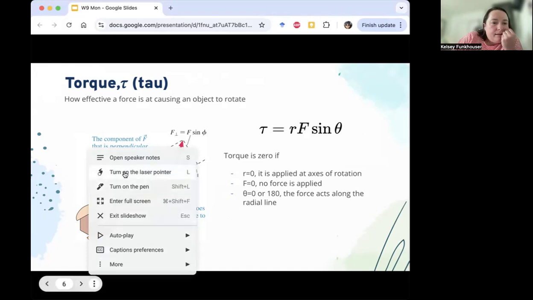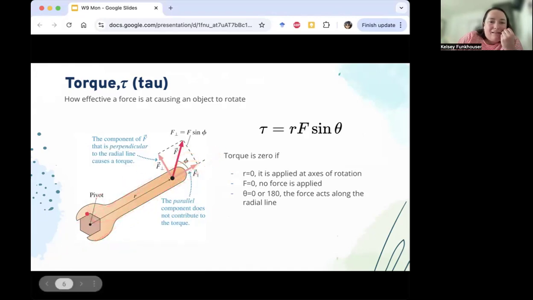Yeah, that's what counts as the radial line. So the force is applied at an angle phi from the radial line. And what we're looking for is the part of the force that is perpendicular to the radial line. That is the part of the force that causes a torque, that causes rotation.